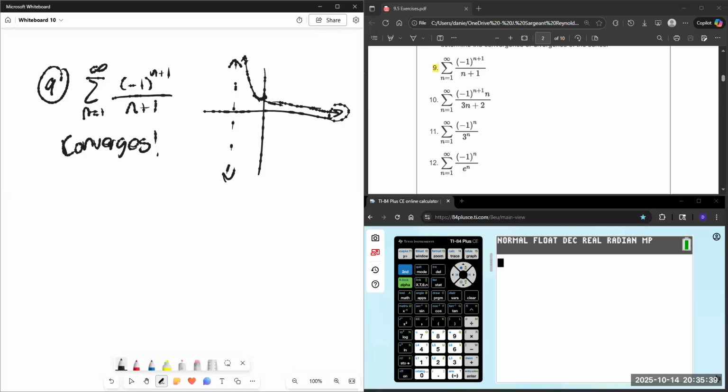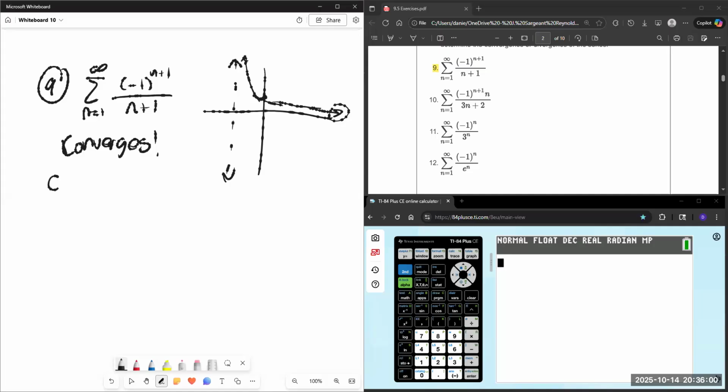Passes both conditions. Now, we haven't really discussed conditional or absolute convergence, but this series does not converge on its own simply because of the 1 over n plus 1 part without it being alternating.